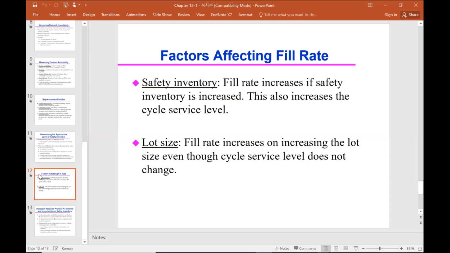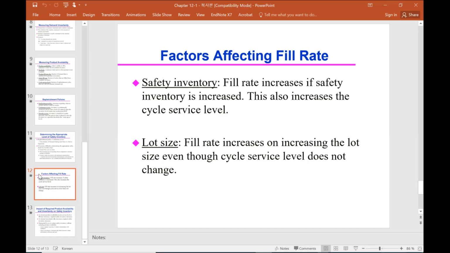If the safety stock is increased, then it will also increase the fill rate and the cycle service level. It's obvious. Okay. But on the other hand, if you increase the lot size, the order quantity, you will see that the fill rate also increases. But on the other hand, the cycle service level is not increased. Okay. So how come?